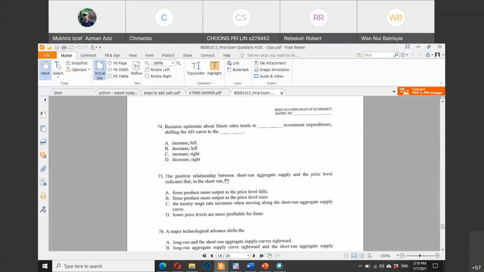The relationship between the short run supply curve, SRAS, and the price level indicates what? We just discussed this one. So what is the relationship between price and quantity?